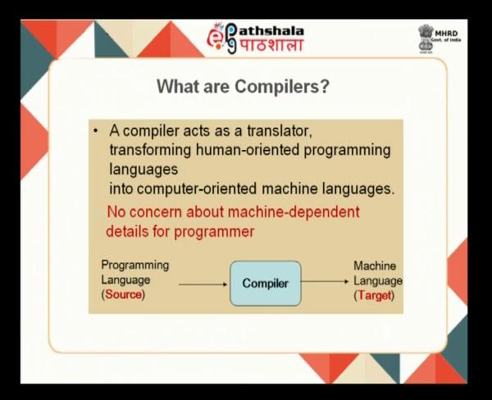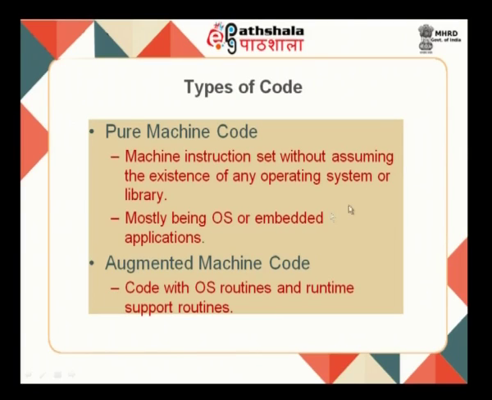It does not care about machine dependency; the machine dependent details are not required by the programmer. It is up to the compiler to know the target machine for it to translate this high level language into assembly language.